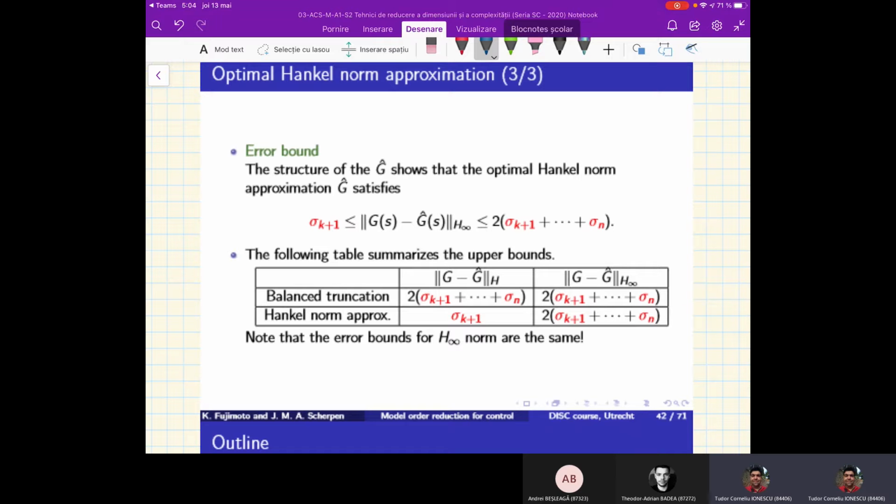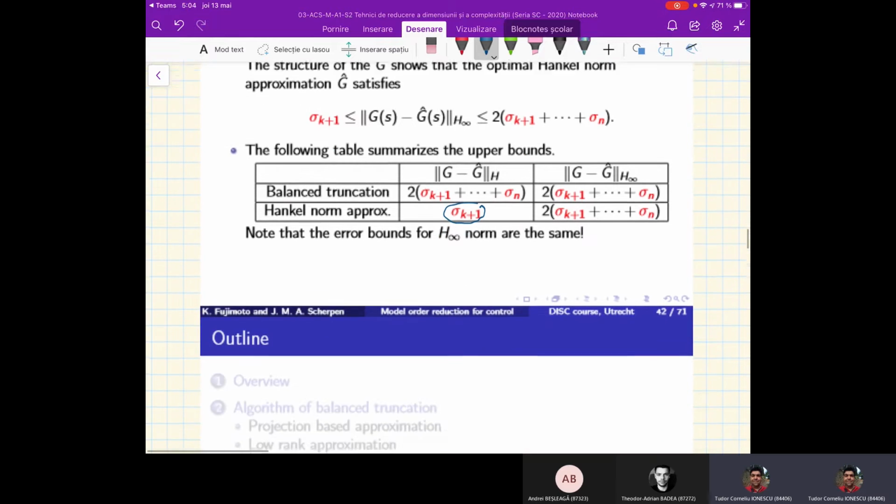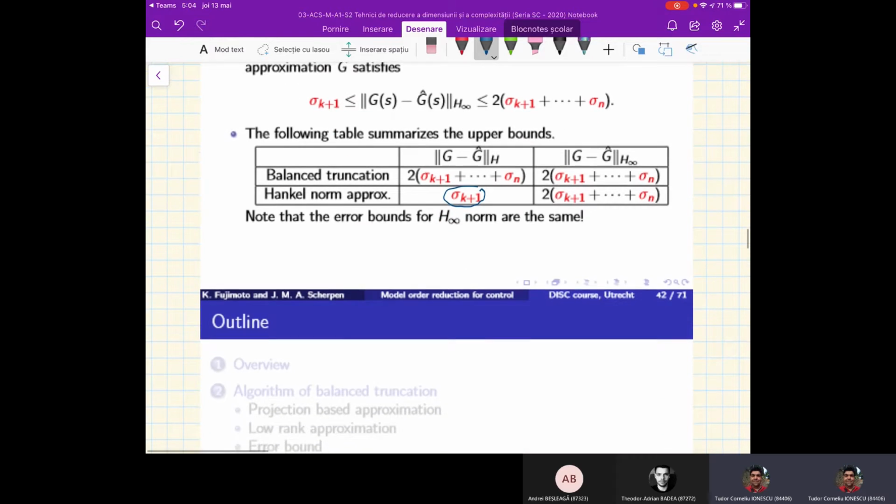This is a very interesting table because you get the upper error bounds. In balanced truncation, the only upper error bound is this one, whereas in Hankel norm approximation, the Hankel norm is upper bounded by sigma k+1, whereas the infinity norm is upper bounded by twice the sum of the truncated Hankel singular values.